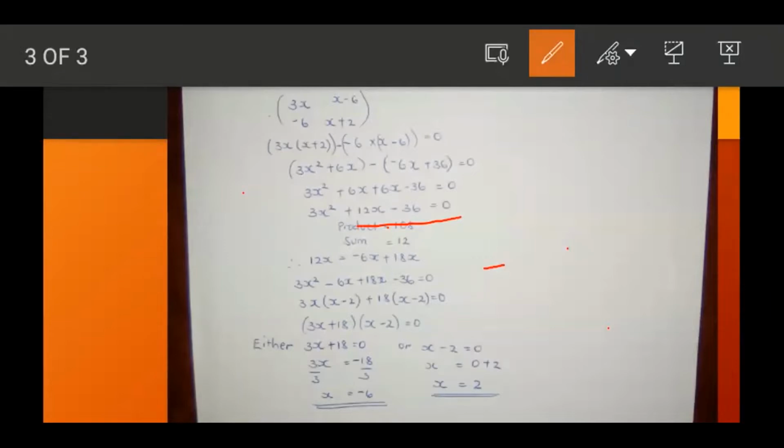This was a mistake, because it will be 3 times negative 36. So it will be negative 108. Have I answered your question? Judith, has your question been answered?